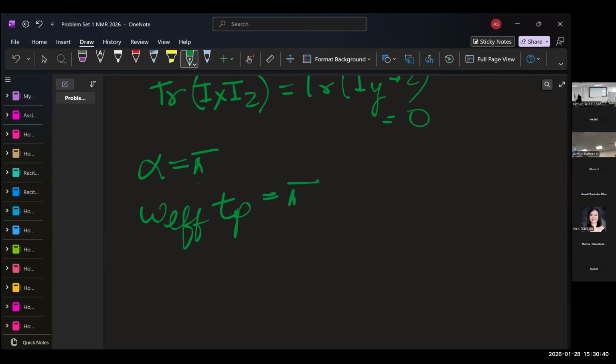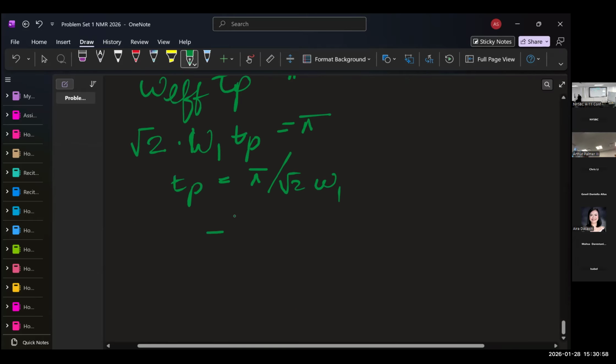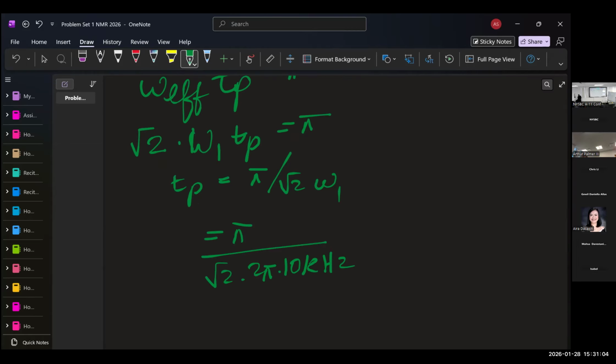Omega effective we said is root 2 times omega 1, and the 90-degree pulse was 25 microseconds.